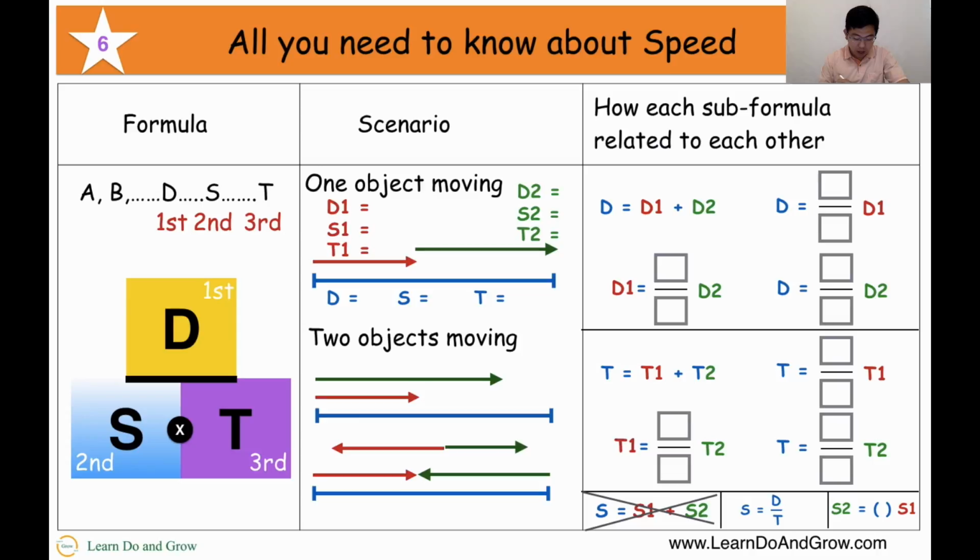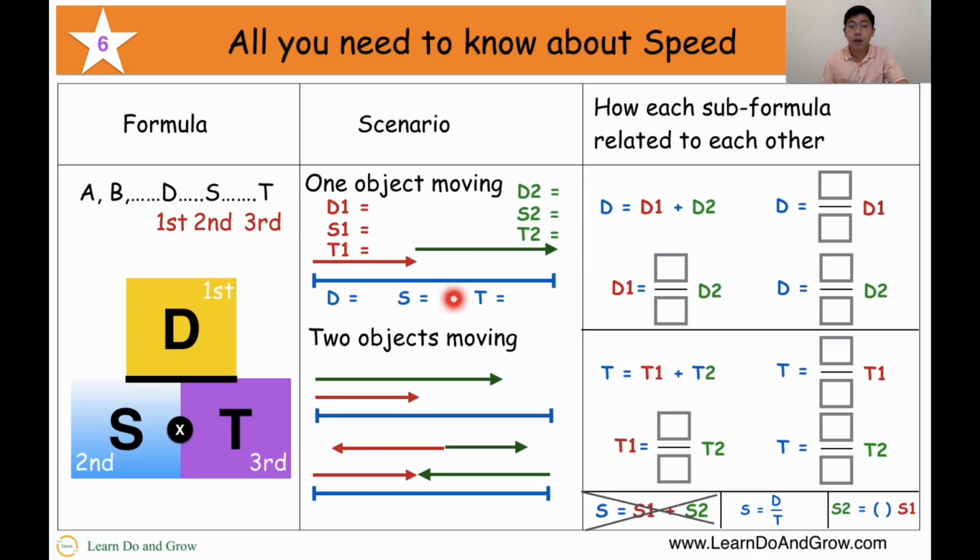For this, look at this. Look over here. This is one object moving, and it continues. Each object has its own sub-formula. So during the exam or during any exercise, you just have to fill in the information over here using the information given in the question.